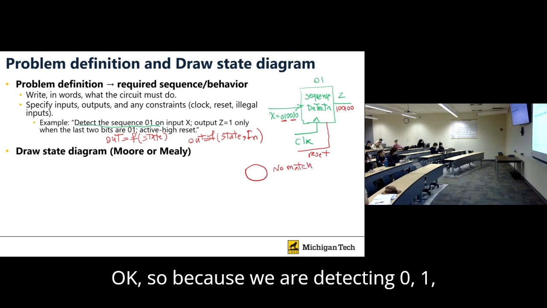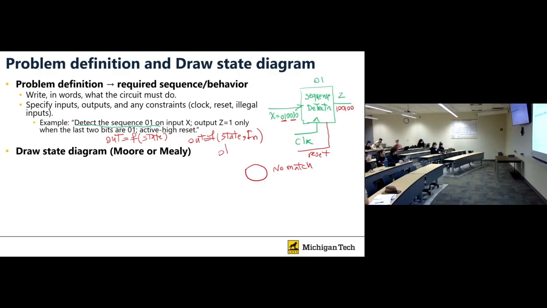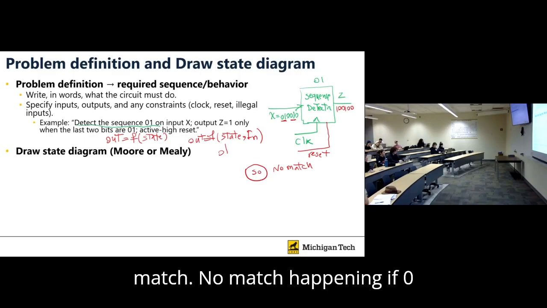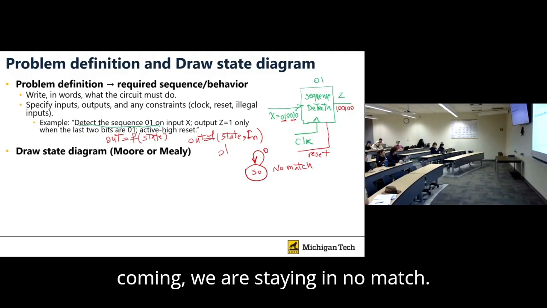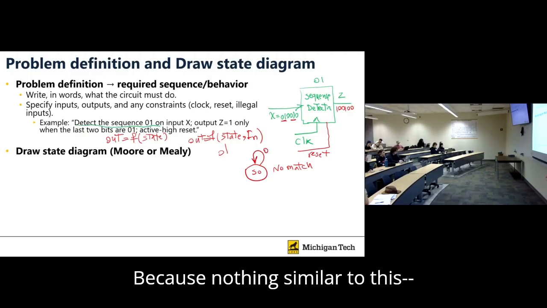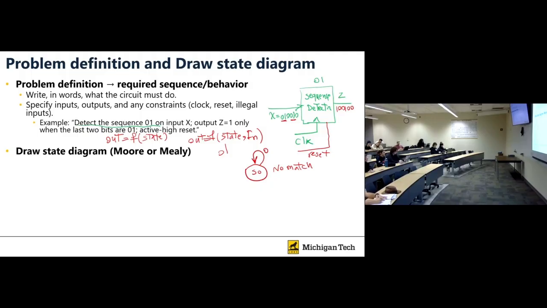Because we are detecting 0, 1, state 0 is no match. If 0 comes, we stay in no match because nothing is similar to the pattern.